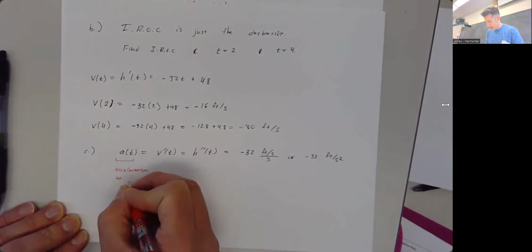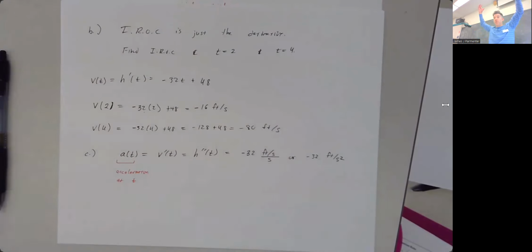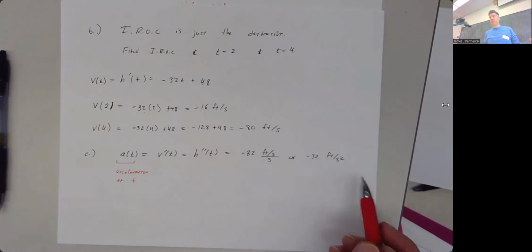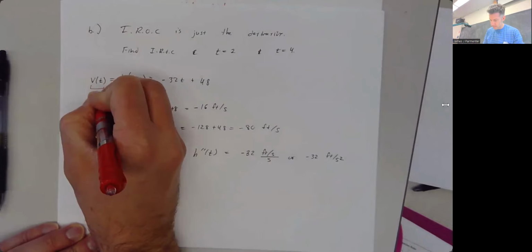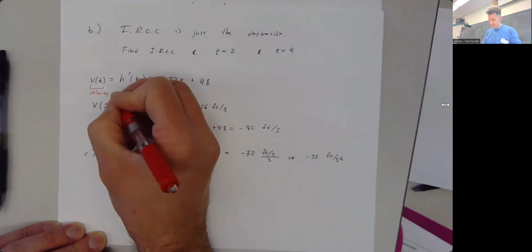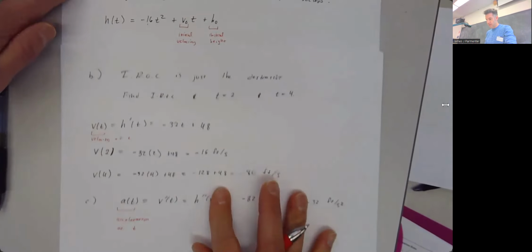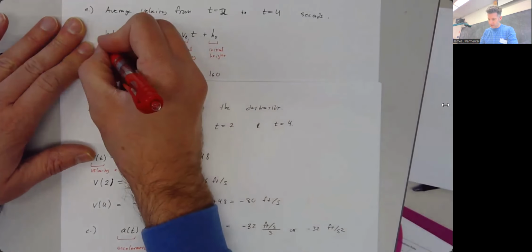And for a body that is just falling through space in the Earth's atmosphere, the acceleration due to gravity is a constant negative 32 feet per second squared. Again, assuming we don't have wind resistance or anything like that, just assuming perfect conditions. That is the velocity at time t. And that is the position at time t.